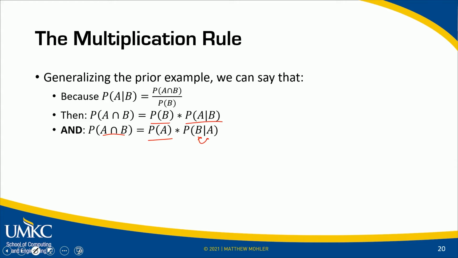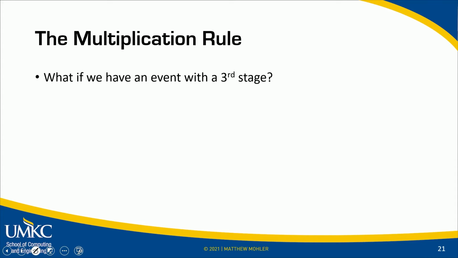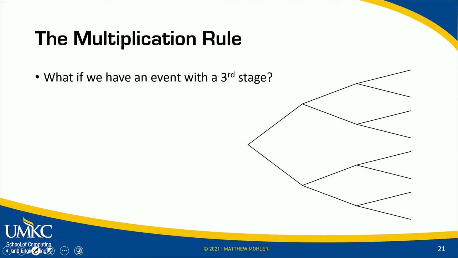So the question that we might ask based on that is, this works great for two stages. We had a probability of a plane in the air and then of a radar triggering that. But what happens if we have an event with a third stage? If we draw out a tree diagram for that, and in this case, we'll actually assign the labels as we go, let's say that we have three events, an A, a B, and a C. The first thing that we have is a probability of A and a probability of A complement.